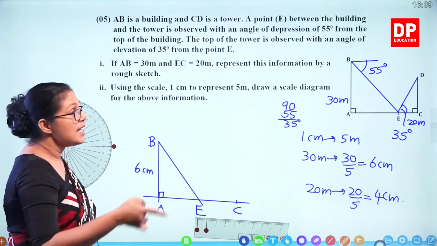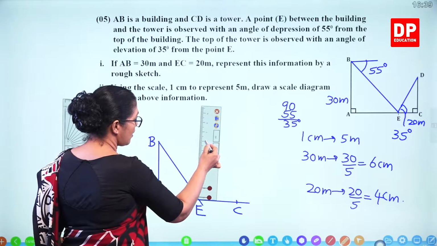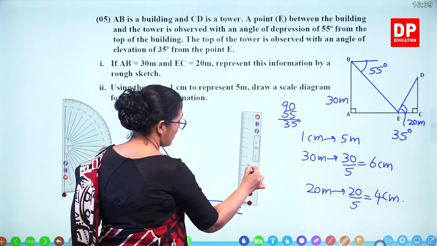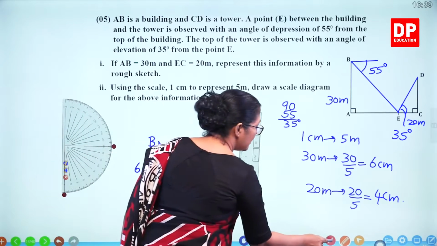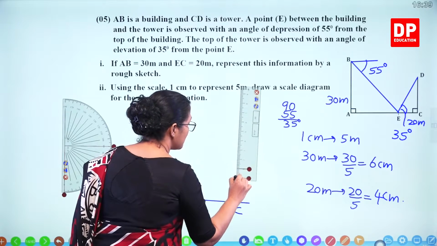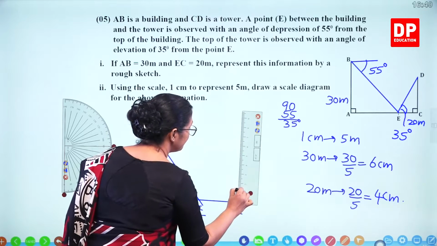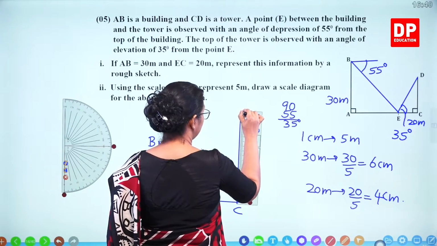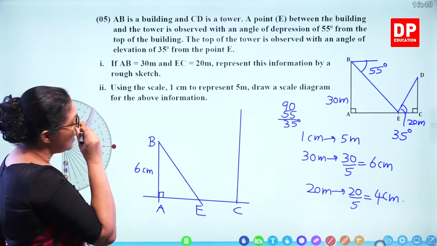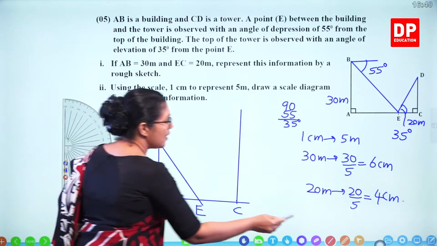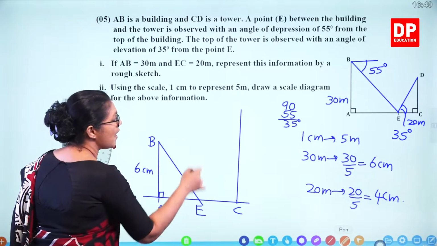Now again we need a 90-degree angle. So we can draw a perpendicular line here. So this is the line and how many degrees here? 35. From here 35 we can mark.